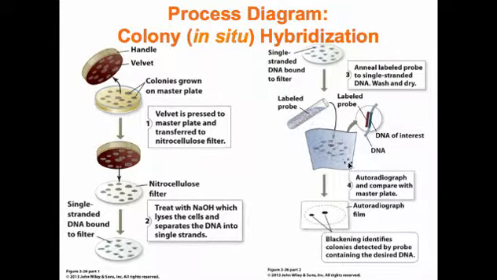We can anneal our probe to it, and we can incubate it, and then we wash off all of our labeled probe, and then we can take radioautograph film and place it onto that filter, and when we expose the film, we'll pick up on the radioactively labeled areas, and that will point us to the area on our original plate where we have that gene of interest located. So then we would be able to take that bacteria and grow it up knowing that we have our gene of interest.